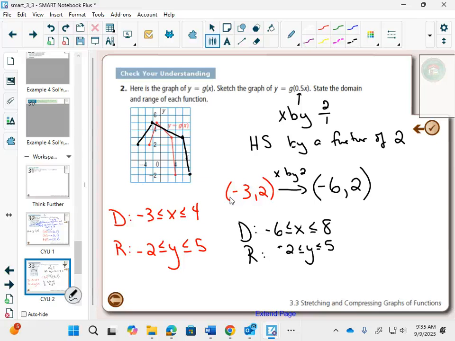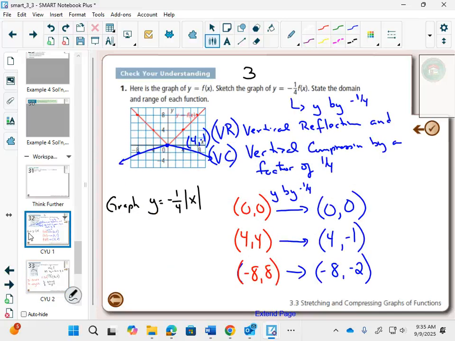And I'll go back to example 1 now. And the original one's domain and range. Domain was everything. Well, I'll do interval notation because I did set notation last time. Domain is everything.